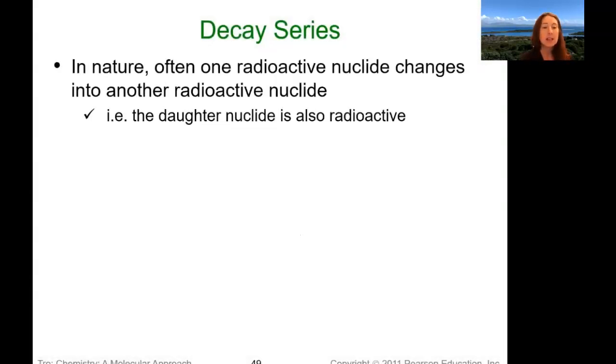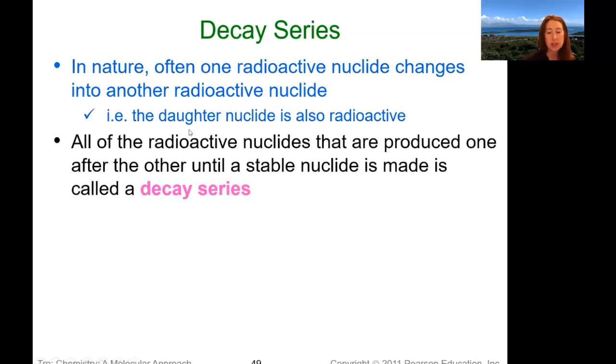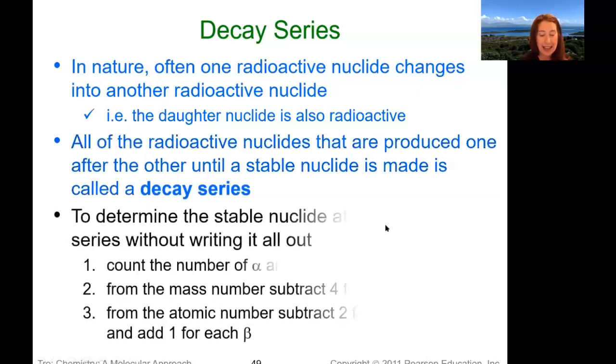Okay, so now we're going to talk about a decay series. So a decay series is when one nuclide decays into another, which then decays into another, right? So you have your parent, daughter, and we keep going. So the daughter nuclide is also radioactive. So all the radioactive nuclides that are produced after one another until we get our stable nuclide is called a decay series.